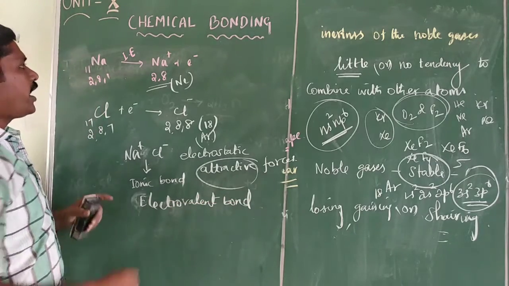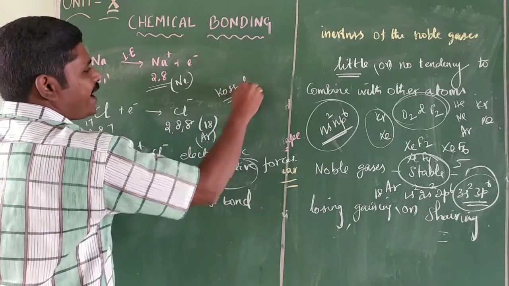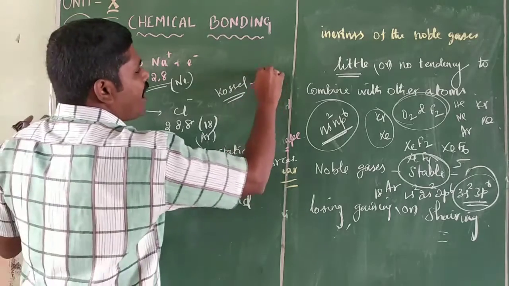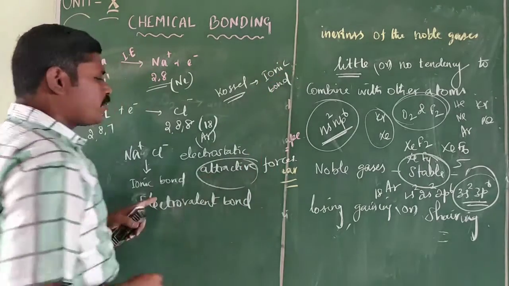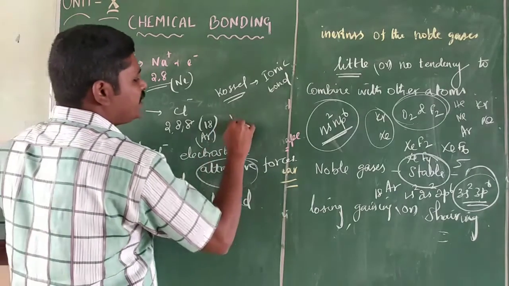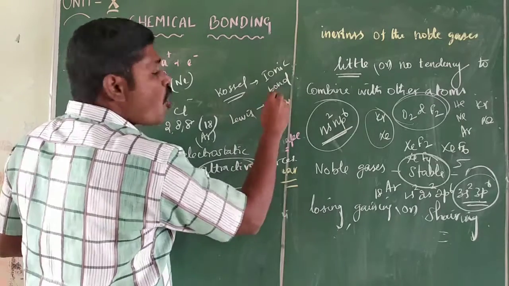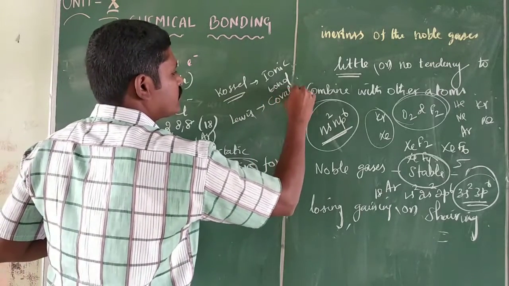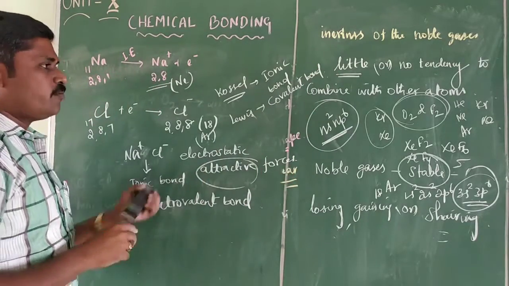Kossel explained the electrovalent or ionic bond, and Lewis explained the covalent bond.